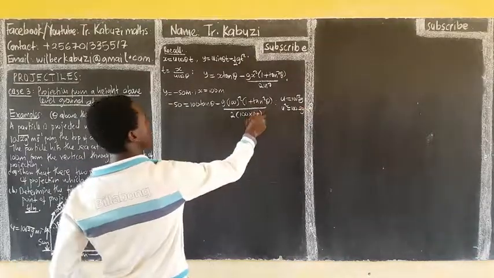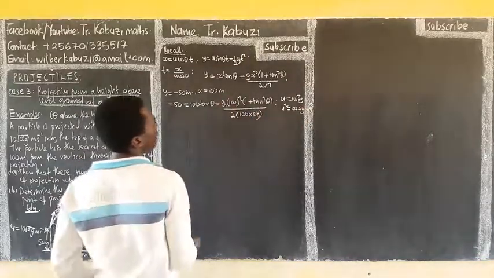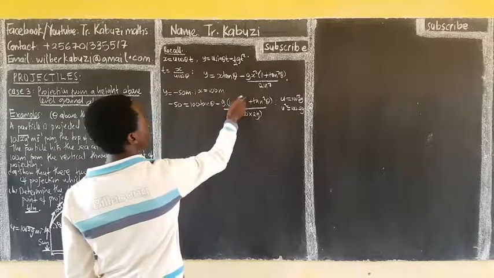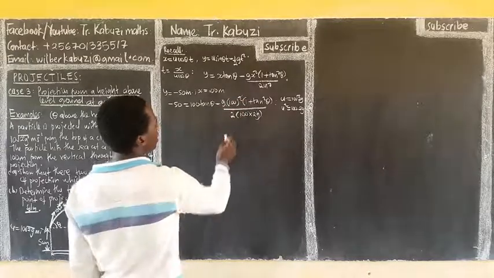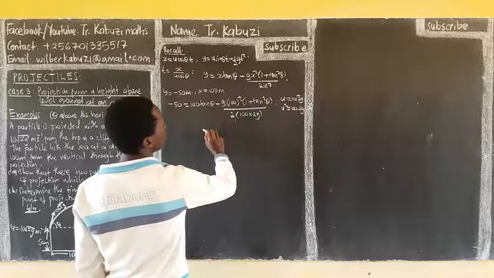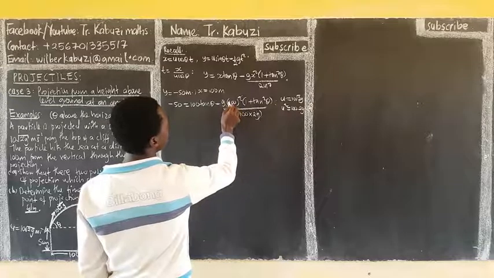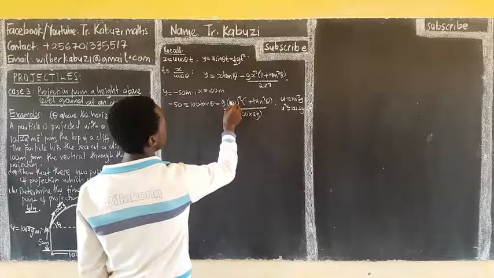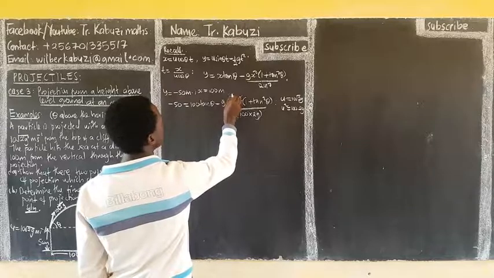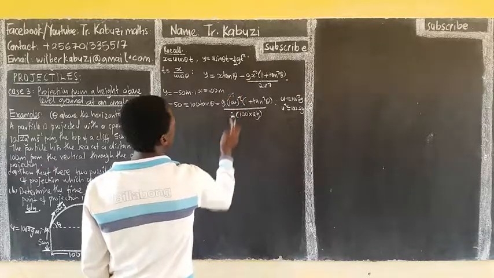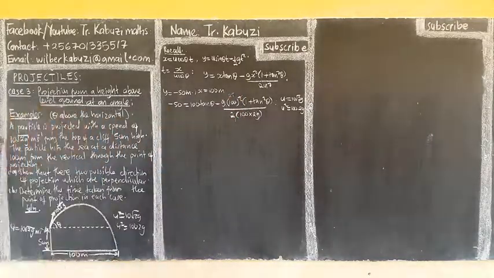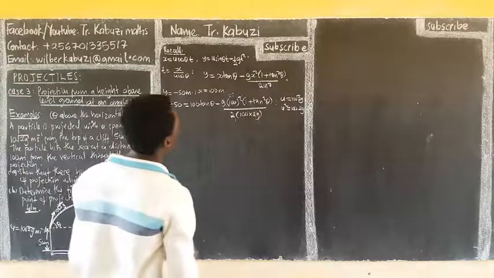Now this g is going to vanish, and then 100 is going to go with 1, then by this 2 here we shall be having 25. 4 goes there 25 times. And so what do we have now?